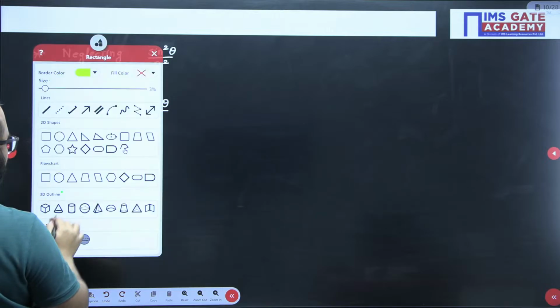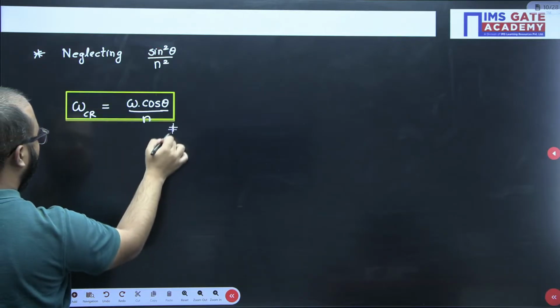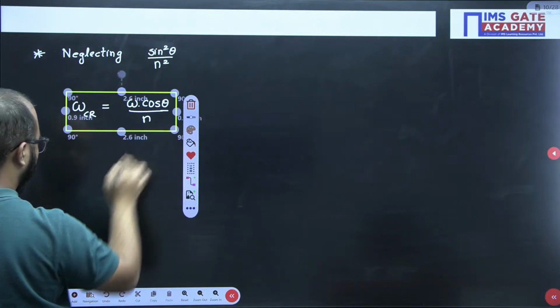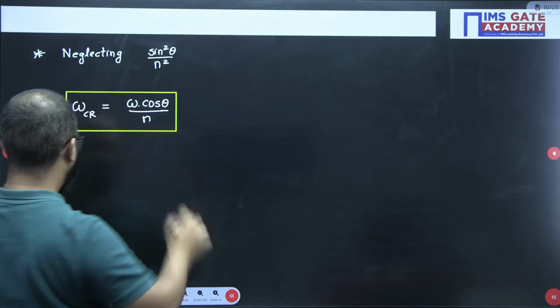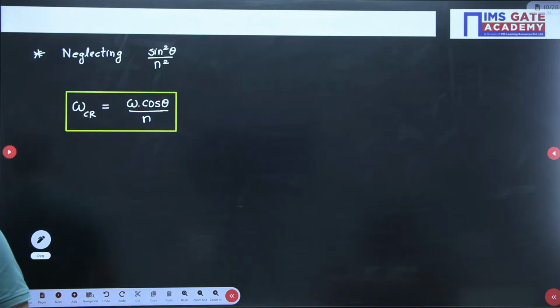So this is the relation we are getting. Done? Is it clear, everyone? So please note down this part quickly. Omega cos theta divided by n.